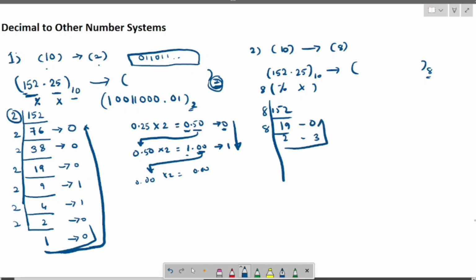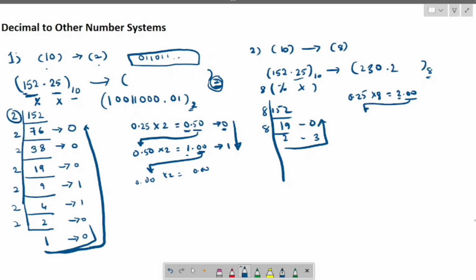So write in the reverse order. We are done with the part before the point. Okay, 2 3 0 point. Again we need to do multiplication, right? 0.25 into 8, it is directly 2.00. After taking 0 there will be no effect. We need to take the 2. That's it for the decimal to octal conversion.